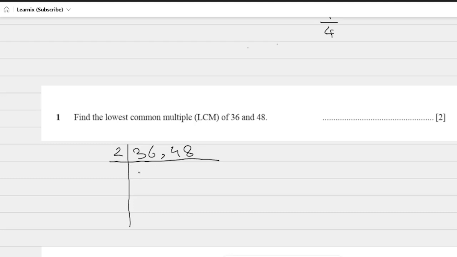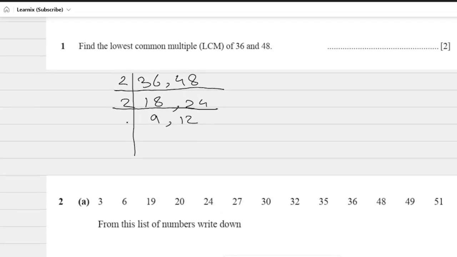36 divided by 2 would give us, take a guess, 18, right? 48 divided by 2 would give us 24. Now, again, the smallest number that divides into both of these is 2. This gives us 9 and this gives us 12. Now let's do 3 over here so that we get 3 and 4, right? Now, these two don't have a common factor, so we divide 3 by 3 to get 1, and divide 4 by 4 to get 1 and 1.